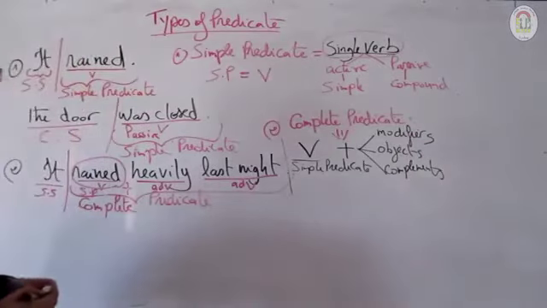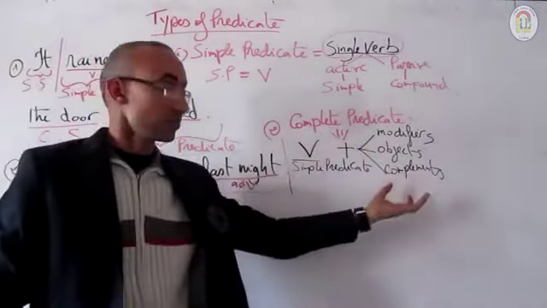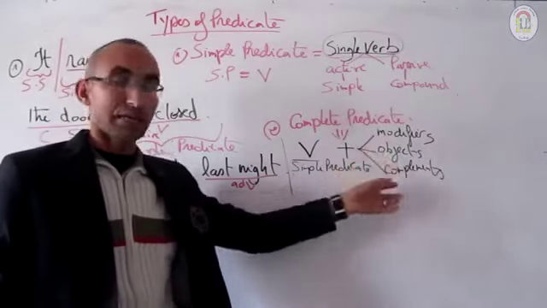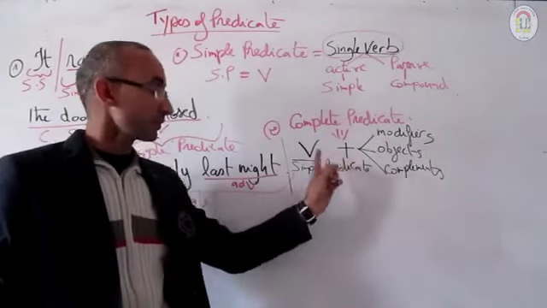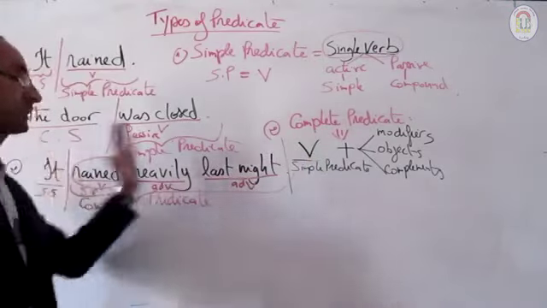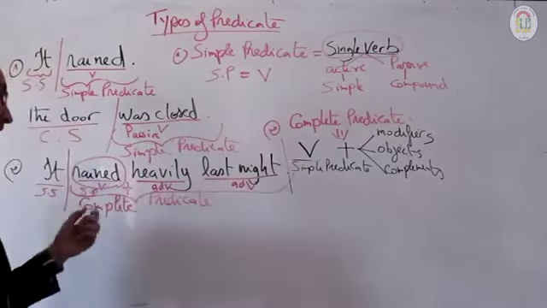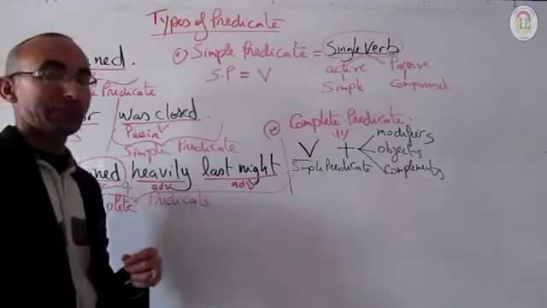Clear? Complements. Alright. So whenever we have any of these elements together, or even many of them, a mixture of them, plus a verb and the predicate, this predicate is called complete predicate.